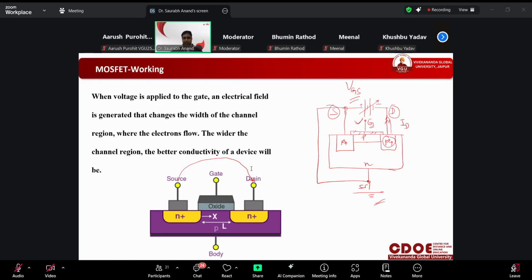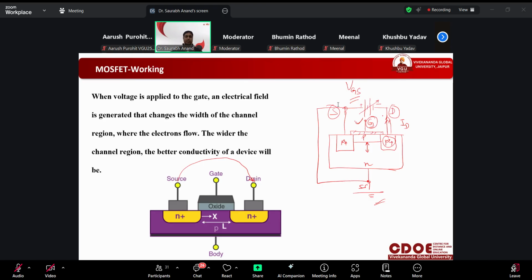So what is the role of the gate? The gate will increase or decrease the channel width, right? If the channel is narrow, then fewer holes will flow and ID will be less. If it is increased, then more ID will flow. So ID is actually flowing due to the width of the channel. So the channel width is controlled by the gate terminal, that is, by the voltage we apply at the gate.